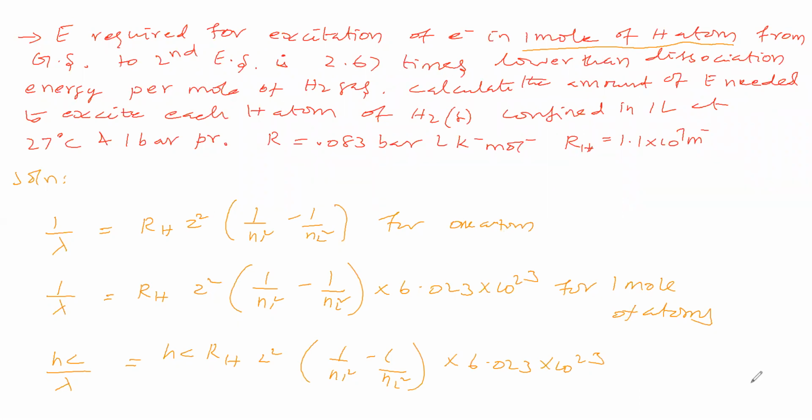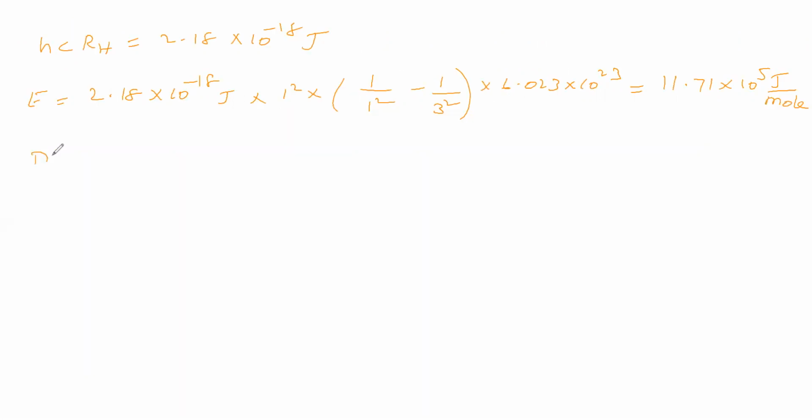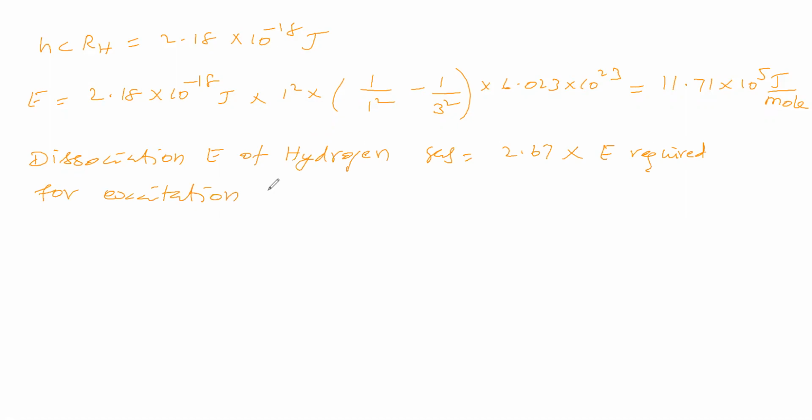Therefore, we can say dissociation energy of hydrogen gas is equal to 2.67 into the energy required for excitation from ground state to second excited state of 1 mole of hydrogen atoms.